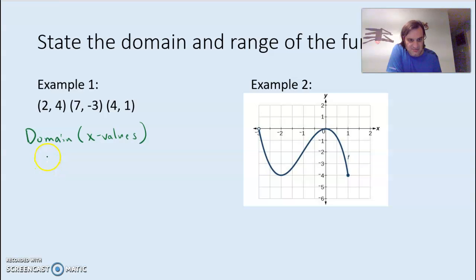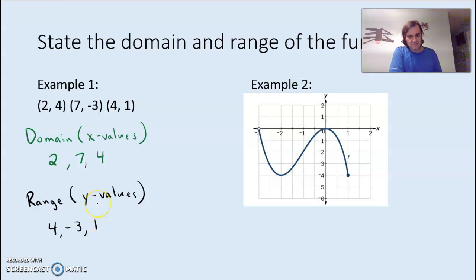So that domain would be the set with 2, 7, and 4. And then the range, as we just said, are the y values. So in this case, that would be 4, -3, and 1. And you can put those in order or not.